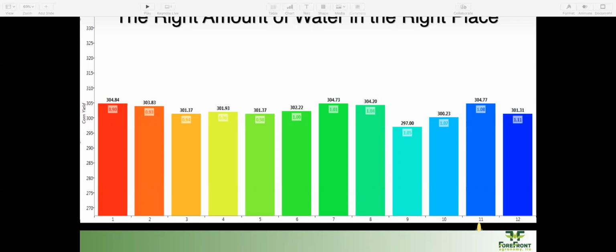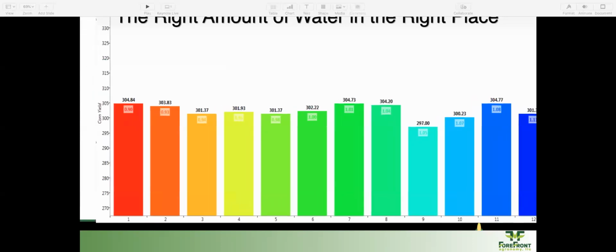And looking at what we were able to do across that field with really not a lot of difference in water, about 0.2 of an inch difference from the low to the high, we were able to smooth out that yield map and really get yields producing where they need to be in each part of the field.